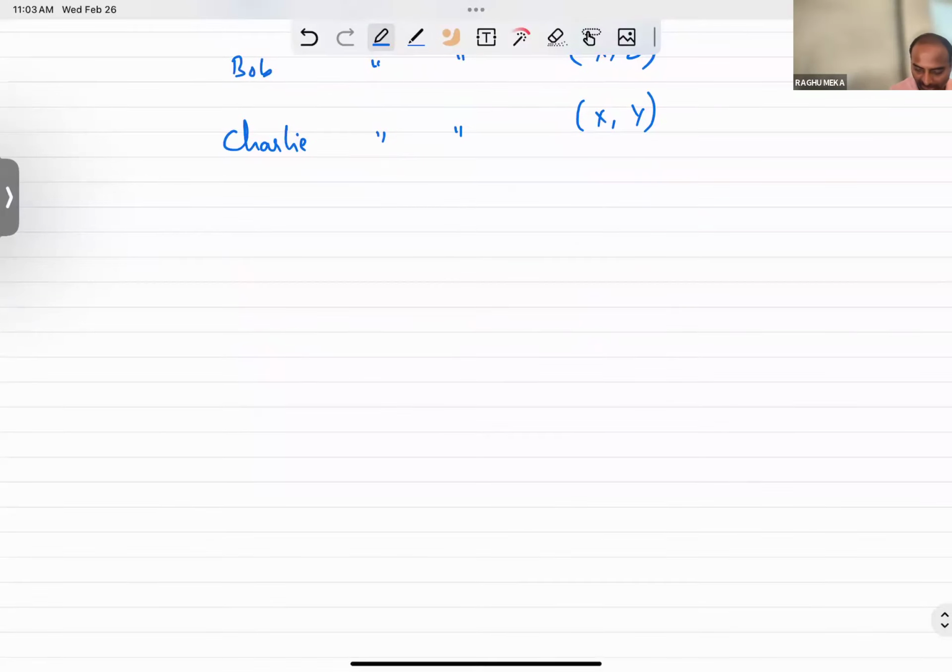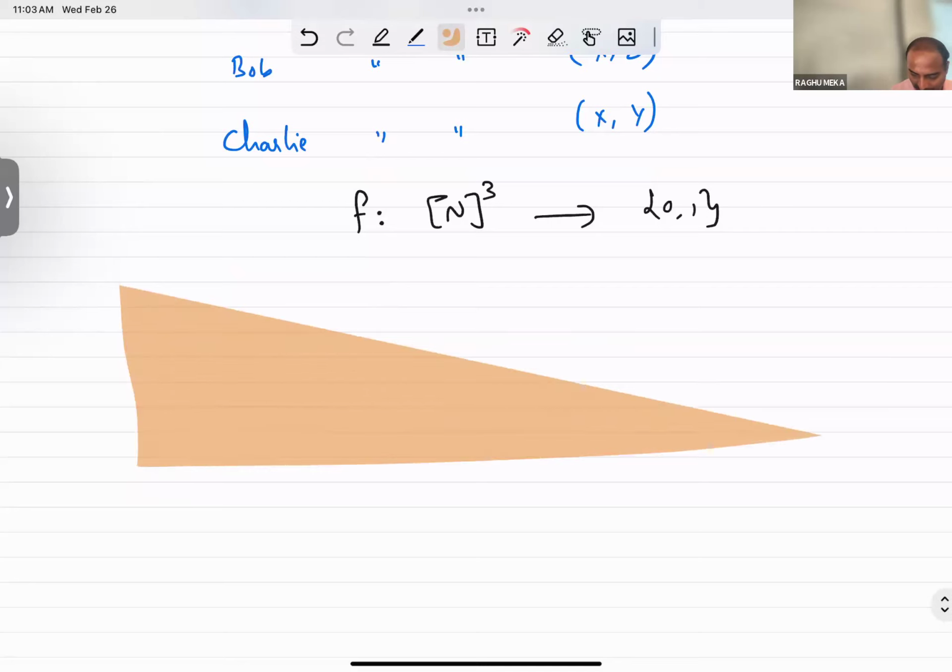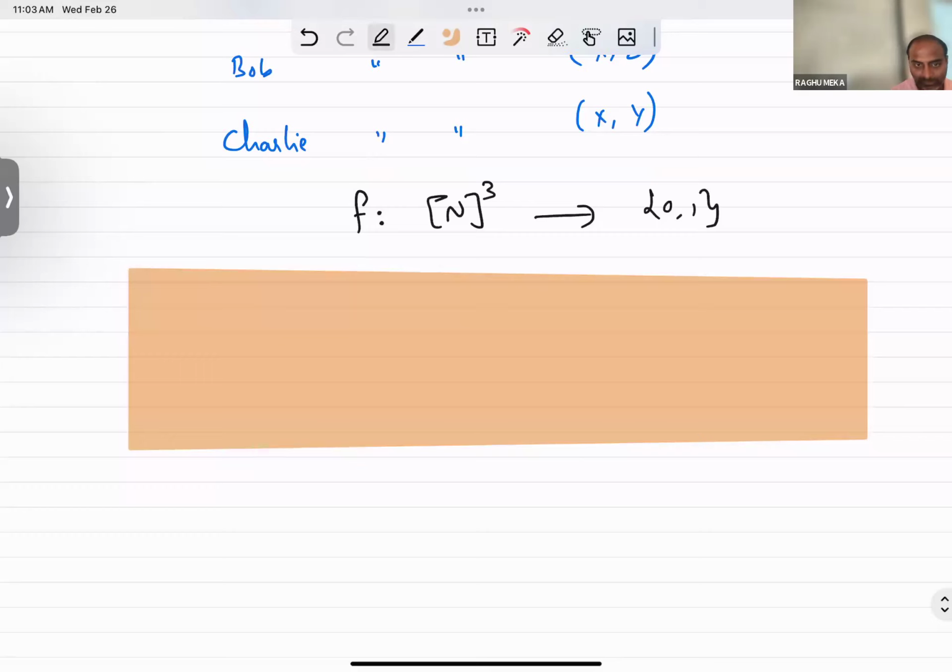If I have a function f taking 3 numbers to 0, 1, this is called the number on forehead, or NOF, communication model.